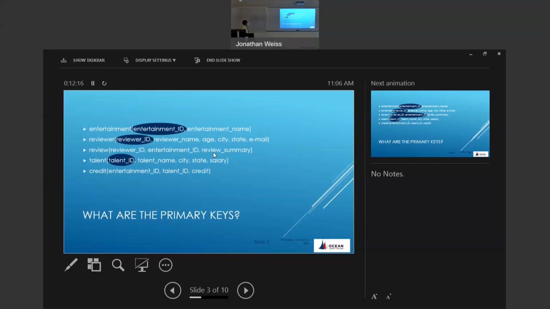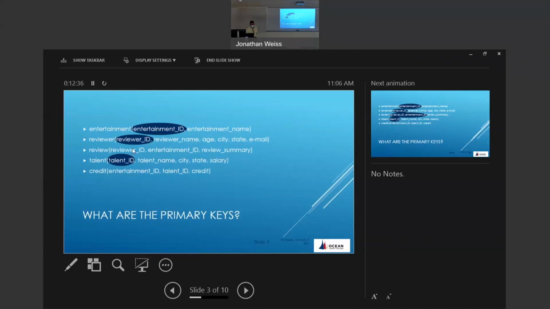Who can tell me what the primary key is for review? Well, for the purpose of this exercise, we're going to assume that each reviewer only does one review for each entertainment, which is generally the case.